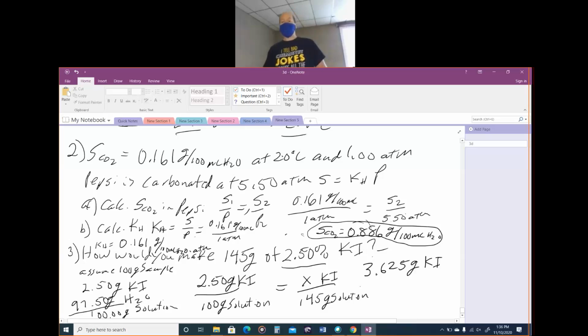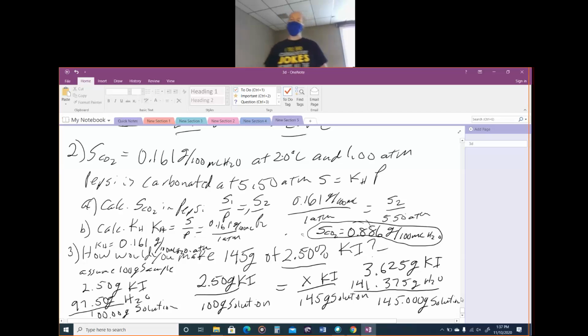We know that we have to have 145 grams total. So we need 141.375 grams of water, and that will give us our 145 grams of solution.